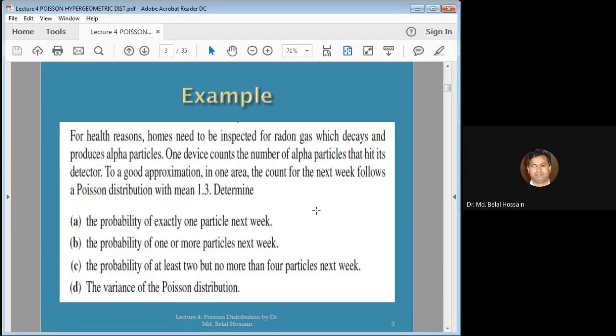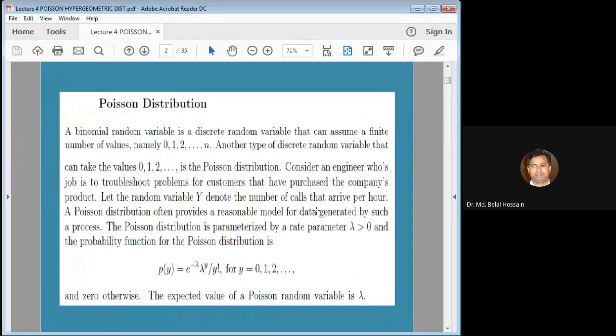Okay, so I go to Zahid's question: what is the difference between Poisson distribution and binomial distribution? If you remember the situation when binomial distribution arises, it is a distribution when you have two possible outcomes. They generate from a Bernoulli trial.